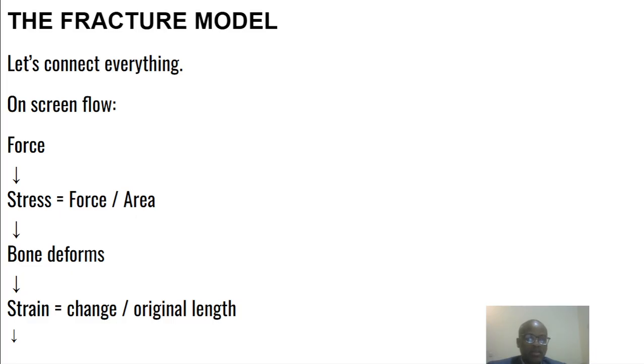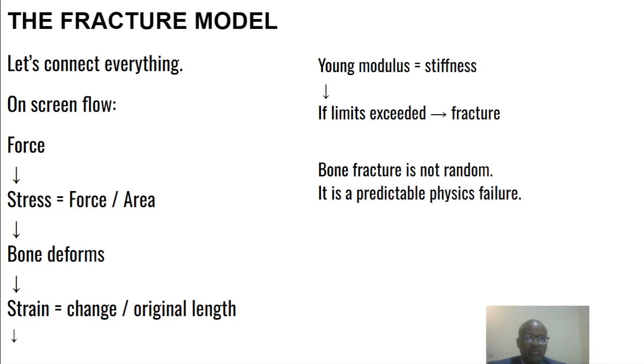The stress and the strain give us the Young modulus, which is the stiffness of the material. And if the limit of that material is exceeded, as you can see in the bone, a fracture occurs.